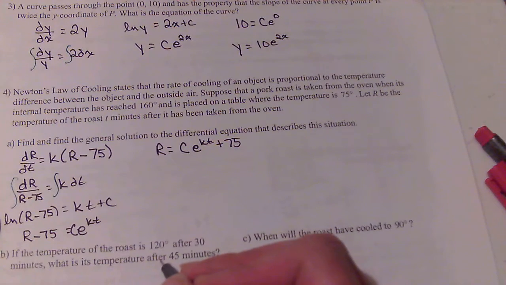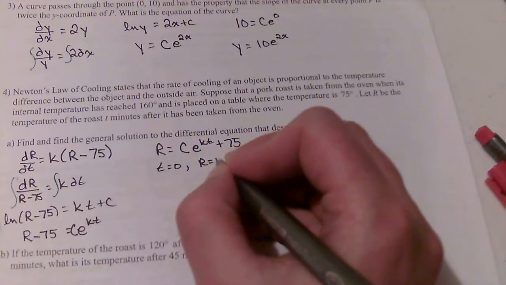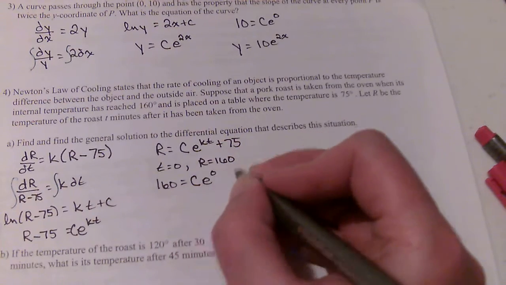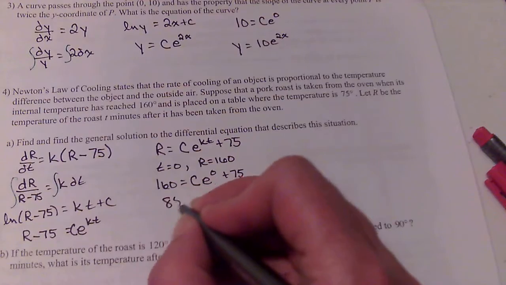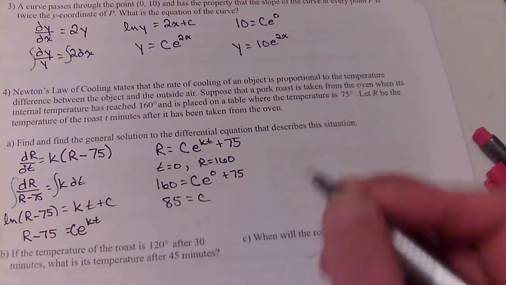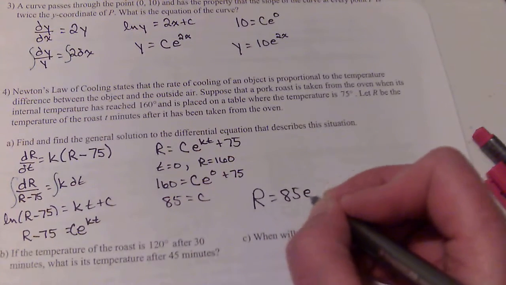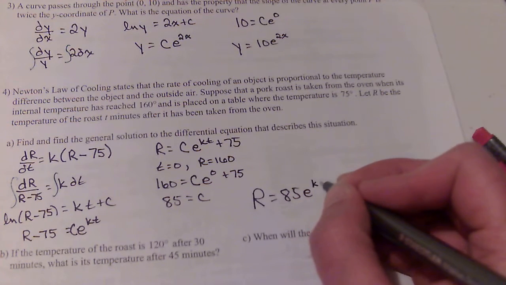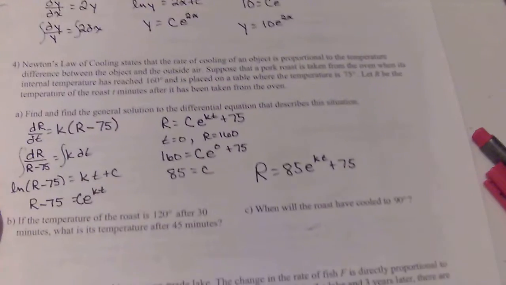The initial temperature was 160. So when t equals 0, the roast is 160. So 160 equals C times e to the 0 plus 75. Let's do 160 minus 75. And I get 85 equals C. So my equation is R equals 85 e to the kt plus 75. So that's the general solution for the situation.